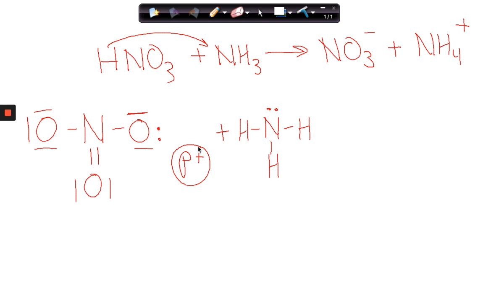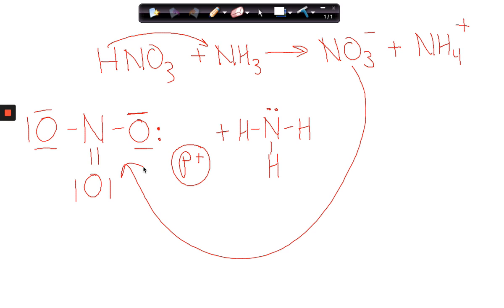That is why nitrate takes on a -1 charge. The hydrogen atom leaves its electron behind, the electron that formed the covalent bond to nitrate, and that gives us the nitrate ion.